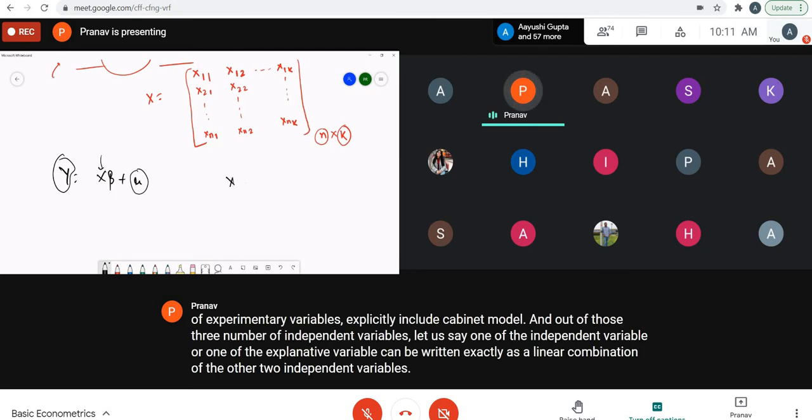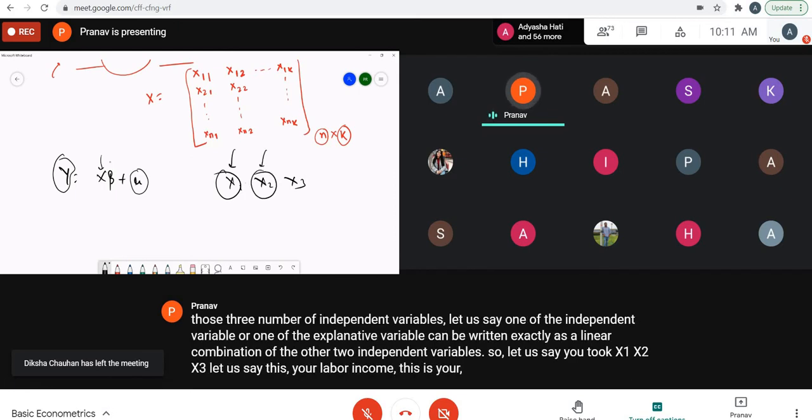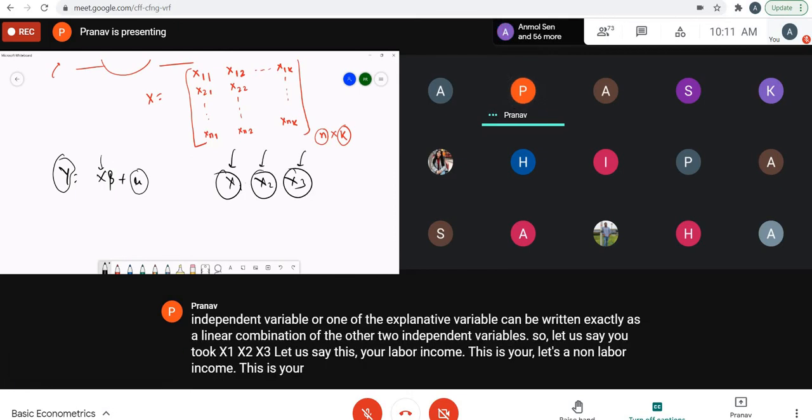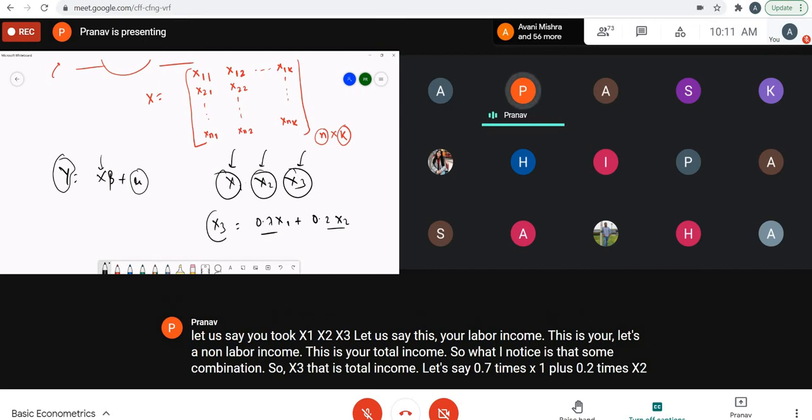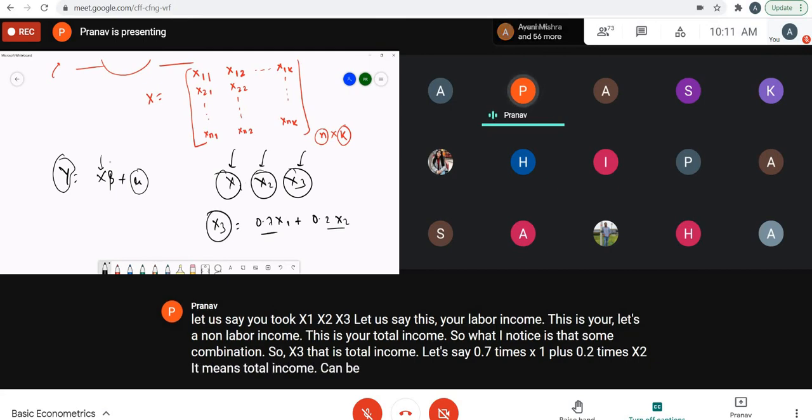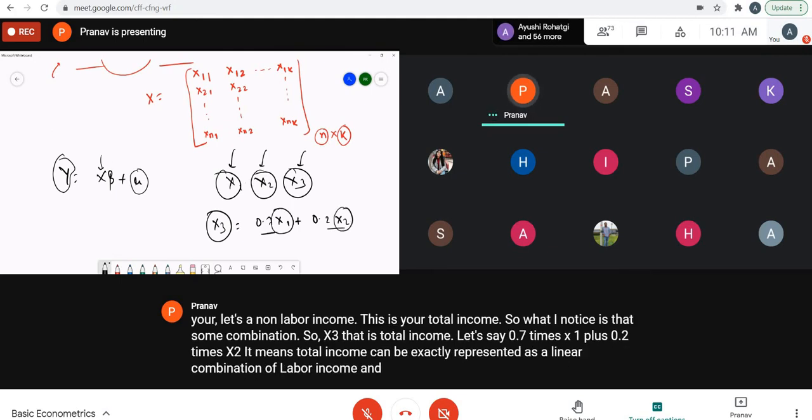So let us say you took x1, x2, x3. Let us say this is your labor income, this is your, let's say, non-labor income, this is your total income. So what I notice is that x3, that is total income, is let's say 0.7 times x1 plus 0.2 times x2. It means total income can be exactly represented as a linear combination of labor income and non-labor income.